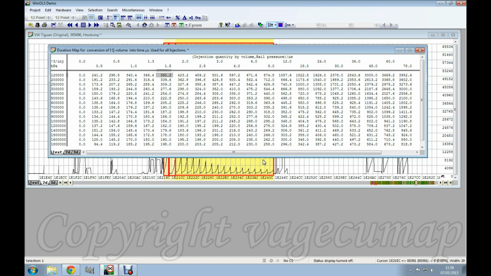Now, that amount of fuel in milligrams needs to be converted by the ECU into a volume of fuel, because this map takes in values of the actual volume of fuel. So not the amount of fuel as in the mass, as in what it weighs, so milligrams. This takes a value of milliliters or millimeters cubed of fuel.